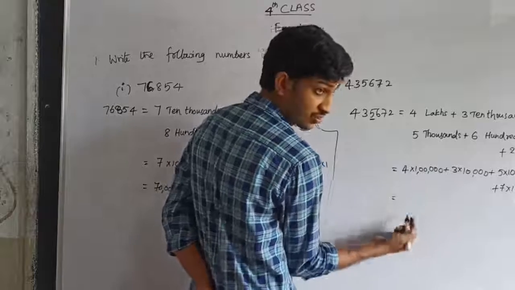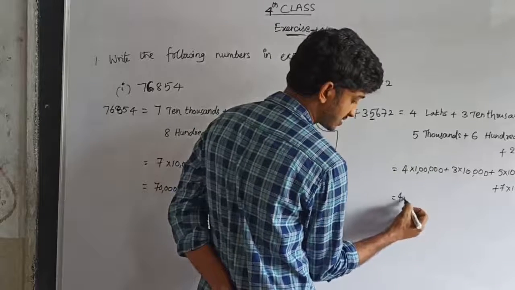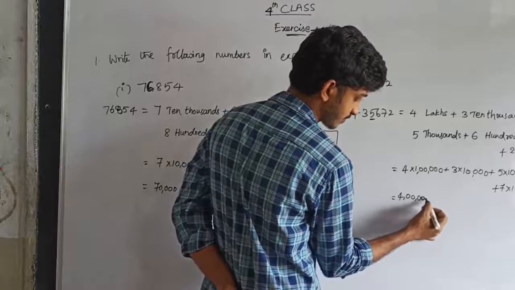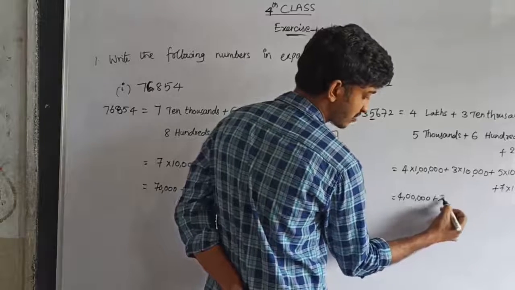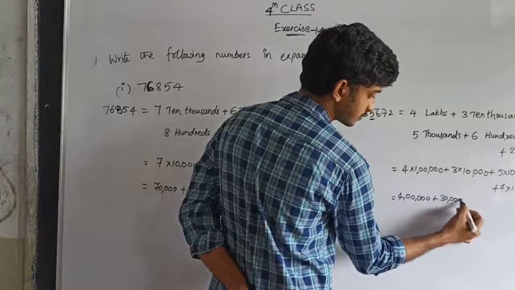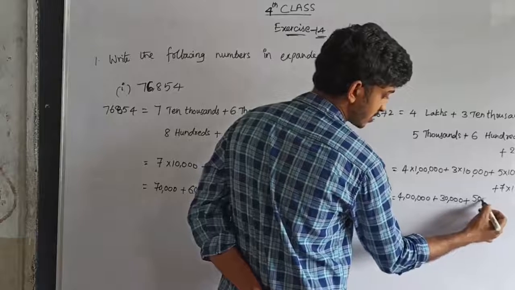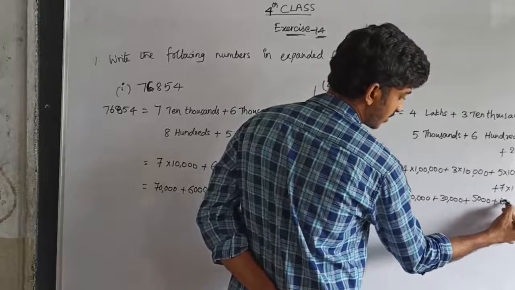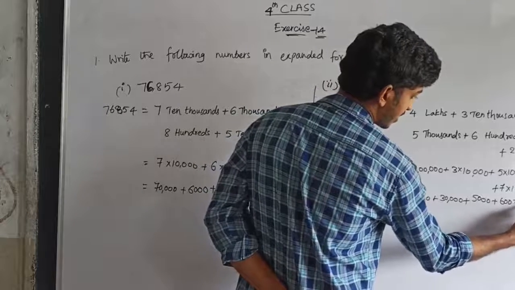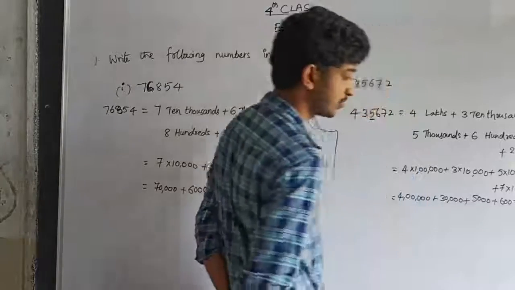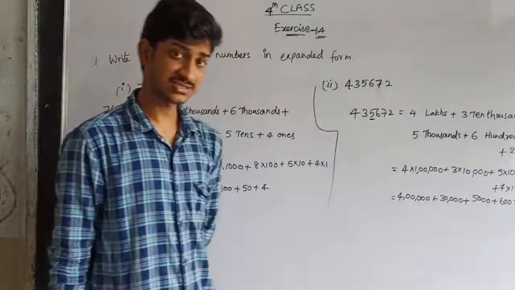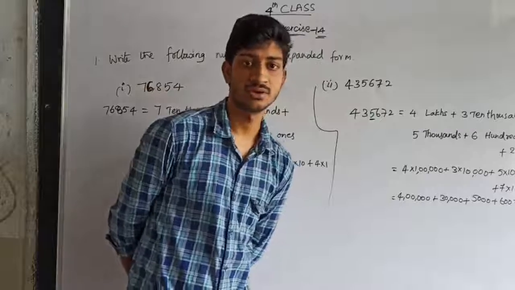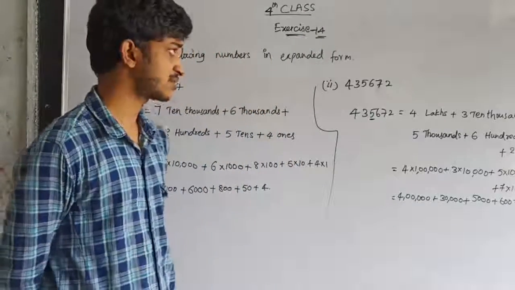So 4 into 1 lakh is equal to 4 lakhs. 3 into 10,000 equals 30,000. 5 into 1,000 equals 5,000. 6 into 100 equals 600. 7 into 10 equals 70. 2 into 1 equals 2. This is the expanded form of 4,35,672.